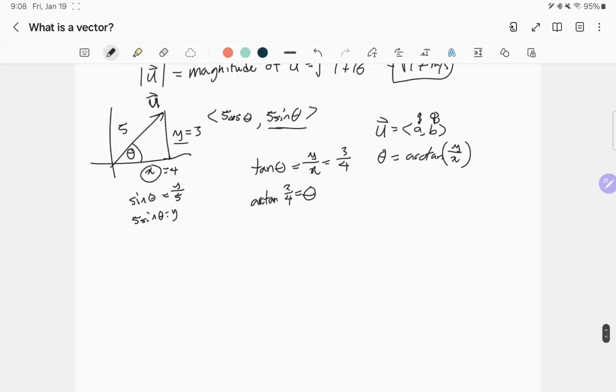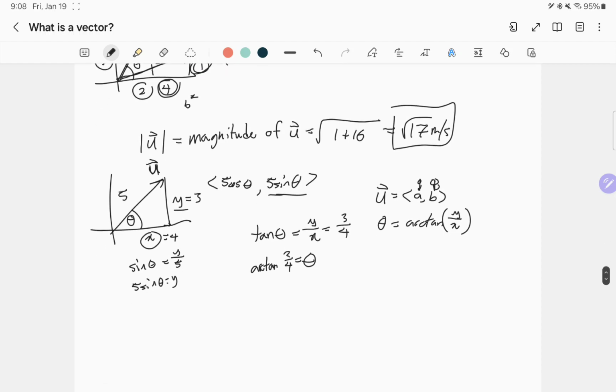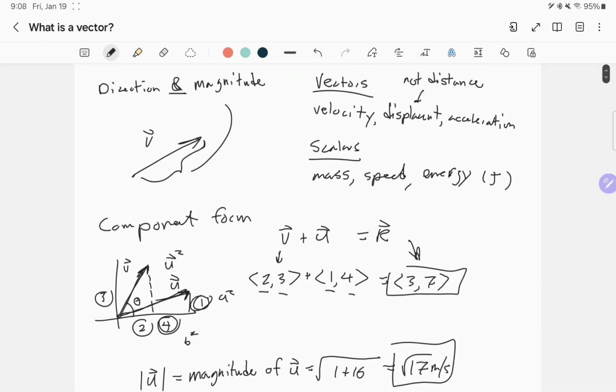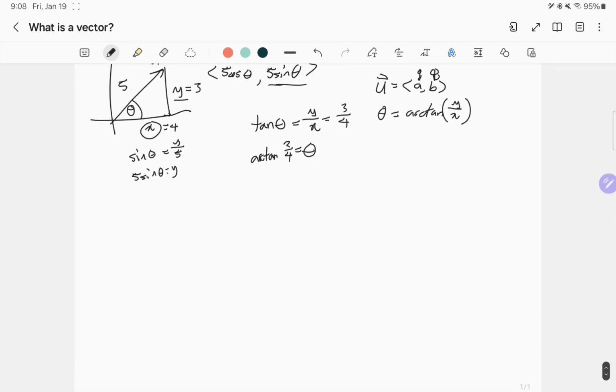One quick note is that in some fields, you will use something called unit vectors. And this goes back to the idea of components and something called scalar multiplication. So scalar multiplication is the ability to multiply a vector by a scalar, or just a number.